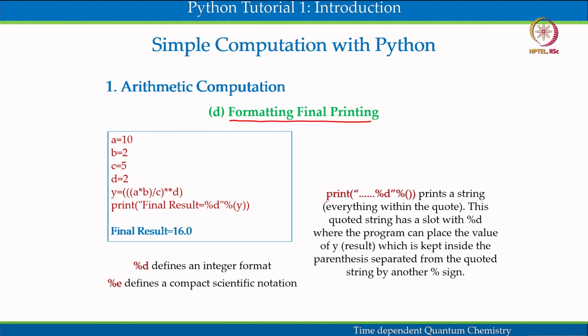The construct is the following: print within brackets, within quotation marks, we have written a string with a slot given as %d. %d will take the integer value. %f will take the floating point value. %e will take compact scientific notation.